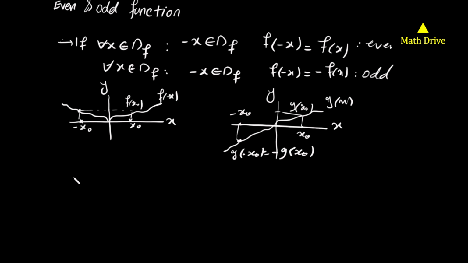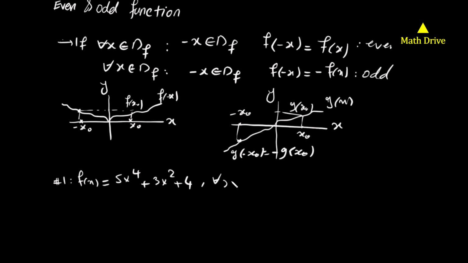Now let's take a look at some examples. Example number 1. Suppose that f of x is equal to 5x^4 plus 3x^2 plus 4. Is this function even or odd? First, the domain of this function is R, the set of real numbers. So for any x belonging to the domain of this function, the negative x also belongs to the domain of the function.